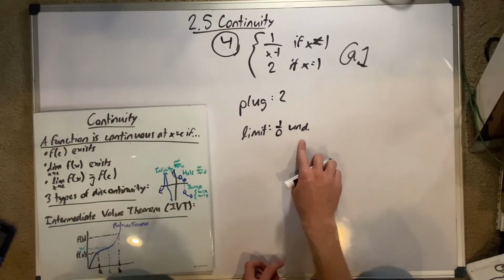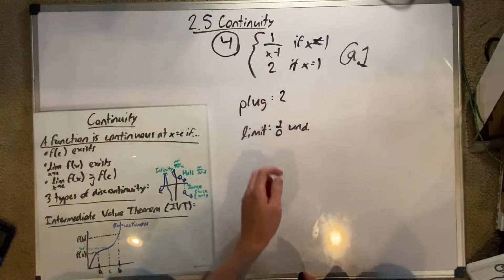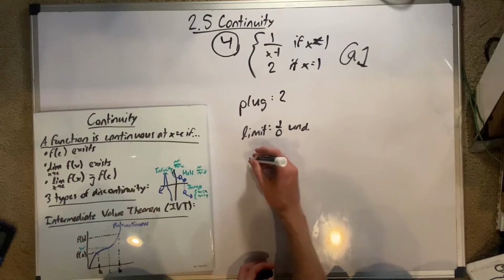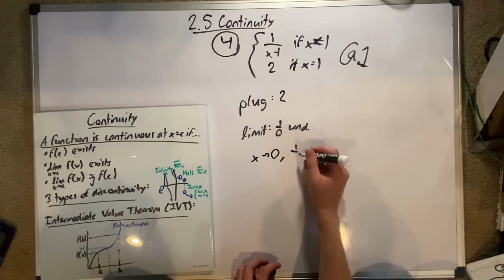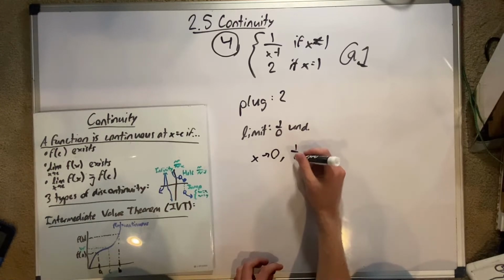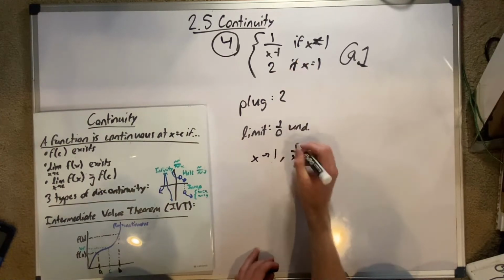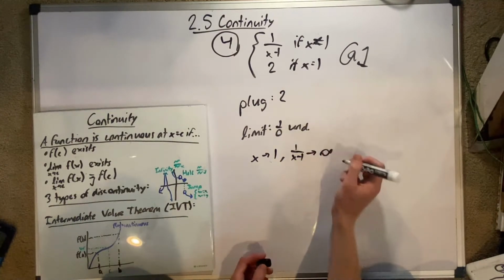And if this is undefined, that means as we get closer and closer to x, this whole fraction approaches infinity, because as x approaches 1, 1 over x minus 1 approaches infinity.